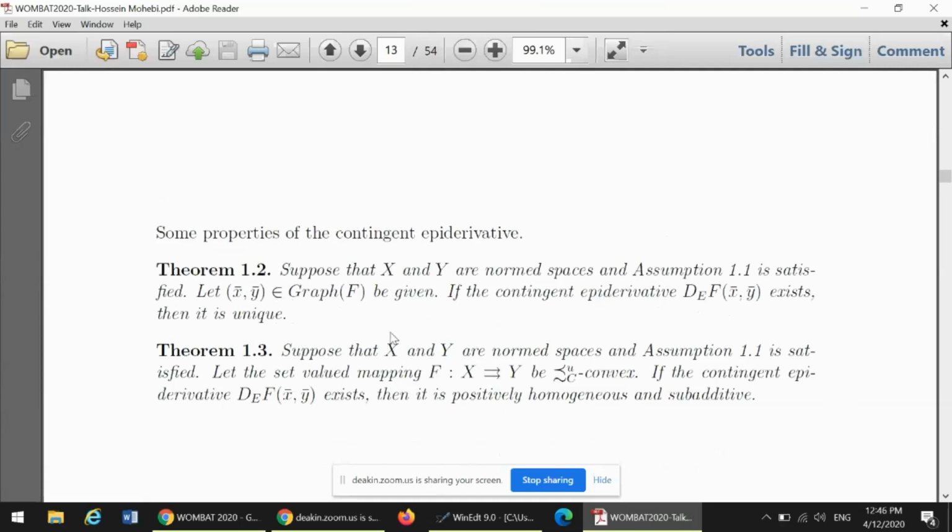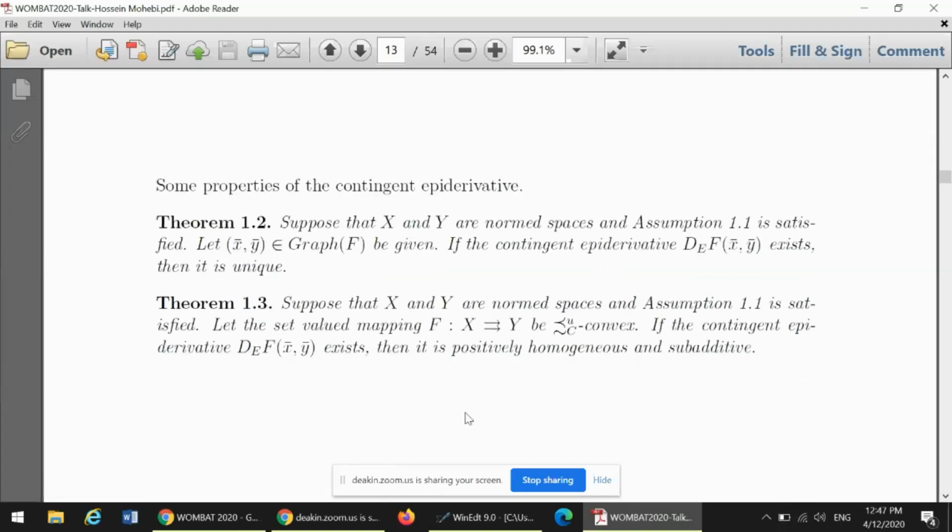Some properties of the cotangent epiderivative are given in the following theorem. Suppose that X and Y are normed spaces and assumption 1.1 is satisfied. Let x bar and y bar belong to graph of F. If the cotangent epiderivative of F exists, then it is unique.